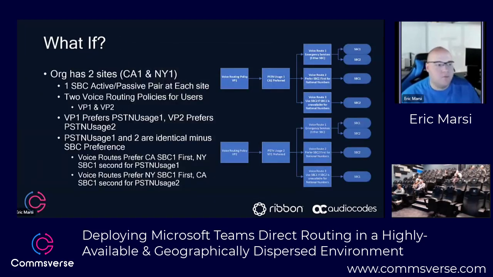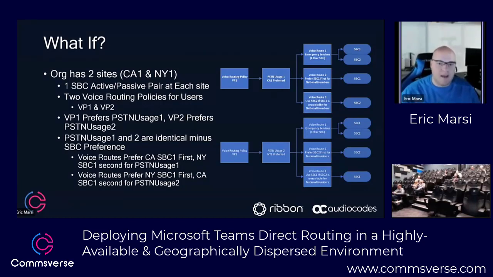So as another what-if scenario, we have an organization that has 2 sites, one in California, one in New York. And we have an active-passive SBC pair at each site. So that's just a single SBC at each site in a logical sense. You actually have 2 SBCs. And we have 2 voice routing policies for these users, because if we're somebody in New York, and the reason why I chose these 2 geographically different areas, for anybody not familiar with the US, that's left of the United States, right of the United States.